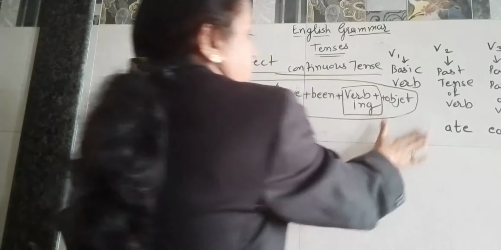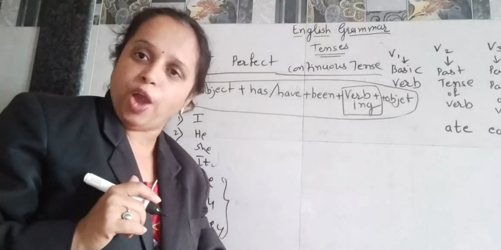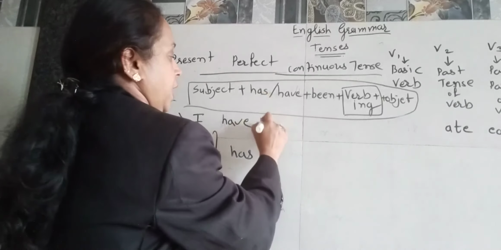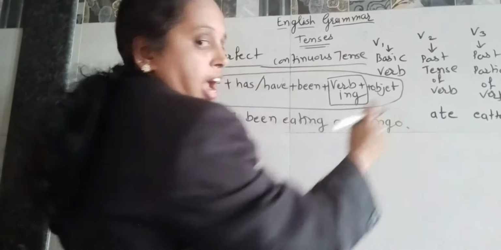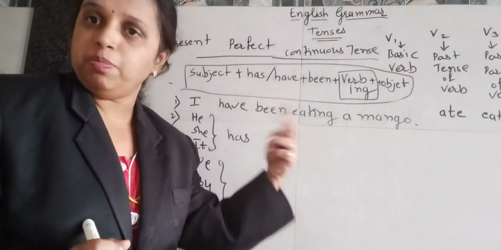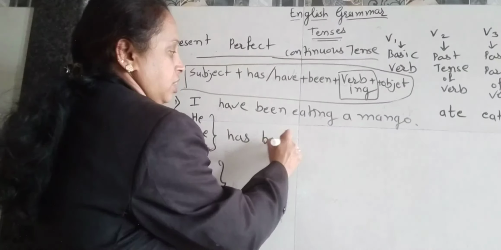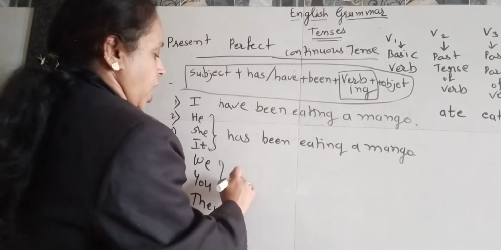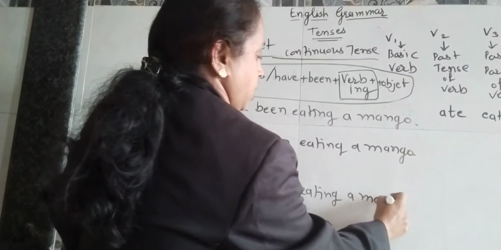Now we will see the sentences. Here also the same rule applies: I have been eating a mango, he, she, it has been eating a mango, then we, you have been eating a mango.